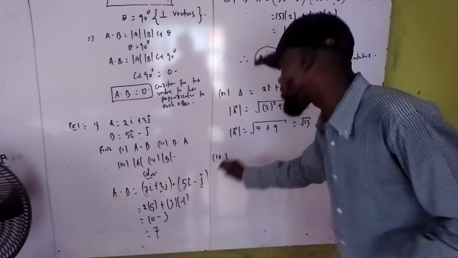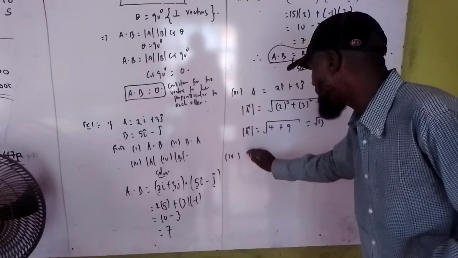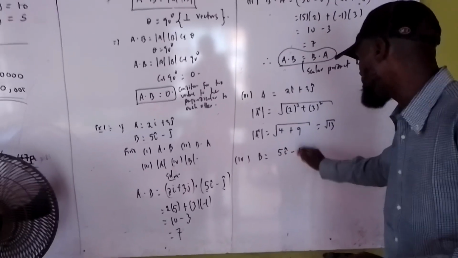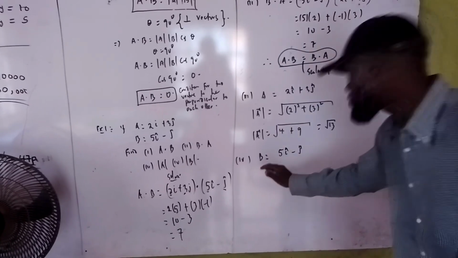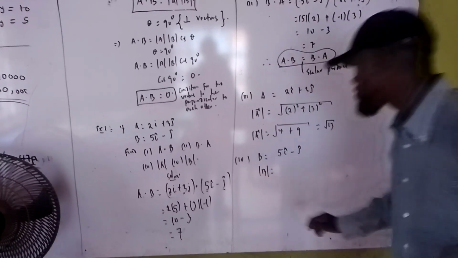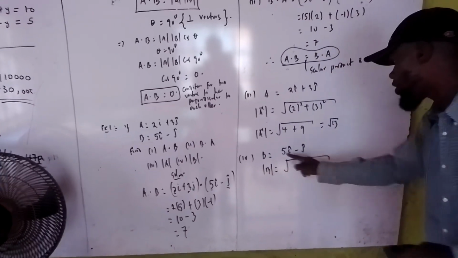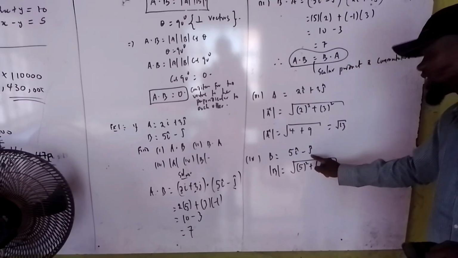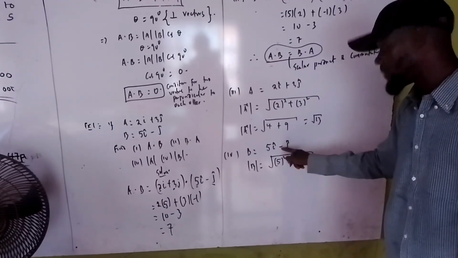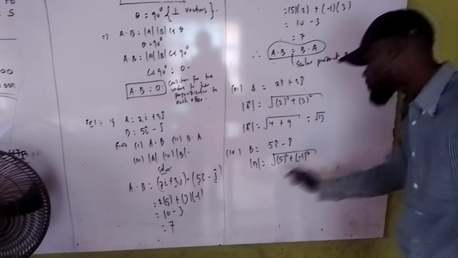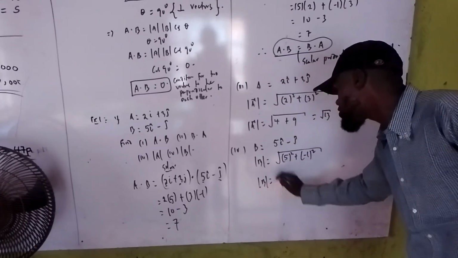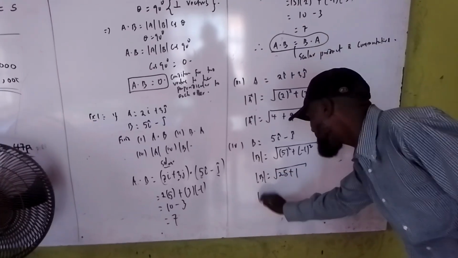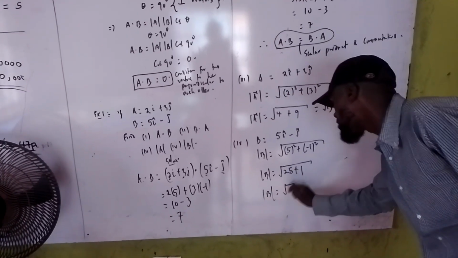And the last one, we want to get the magnitude of B. Since you have vector B as 5i minus j, the magnitude of B is the square root of the coefficient of i, 5, squared, plus the coefficient of j, mind you, not 1 here but minus 1, that's minus 1 squared. So the magnitude of B is the square root of 25 plus 1, which is the square root of 26.